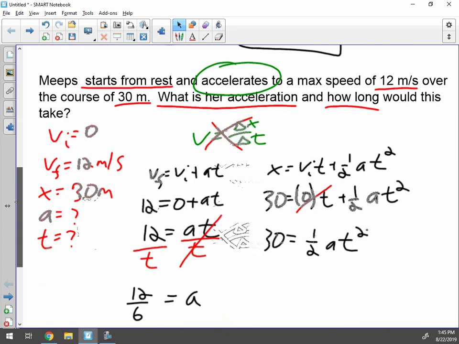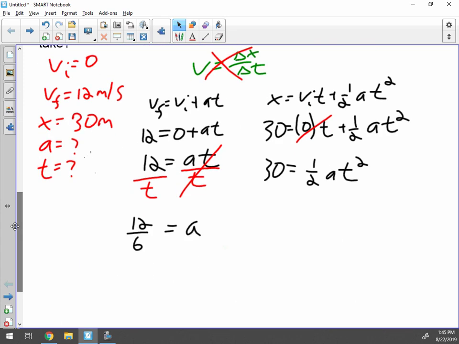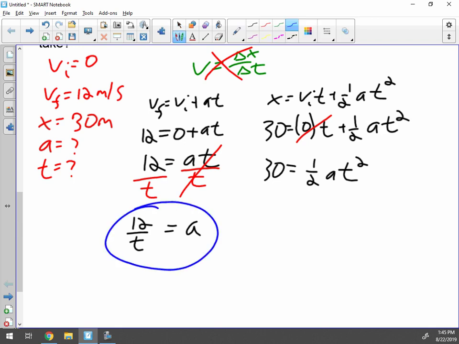I'm doing the exact same thing here. It's the same process. Solved for a, and once again, I made a mistake. It's 12 over t. So I'm going to plug that in right there for my a.